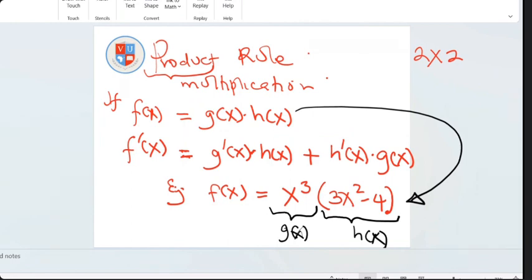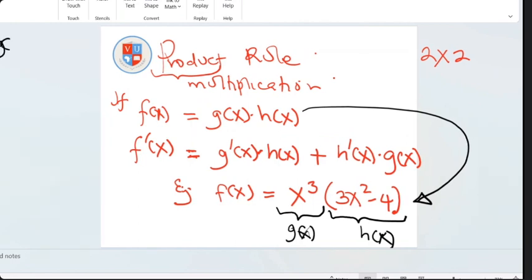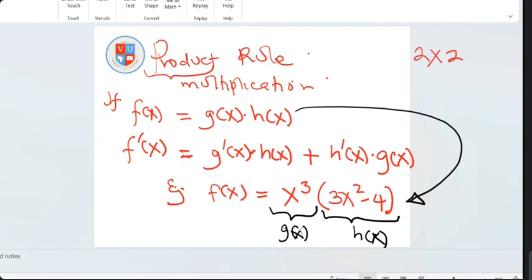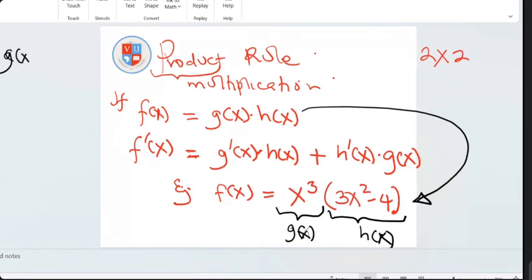If this is g of x, and we are saying g of x is x power 3, then we can get e prime x, which is 3x squared, correct?